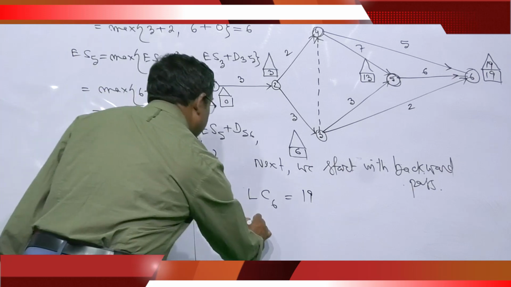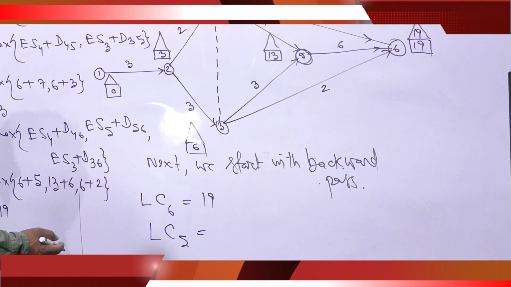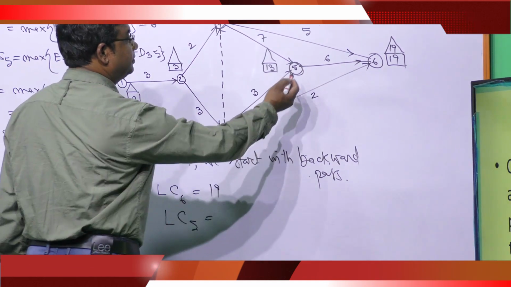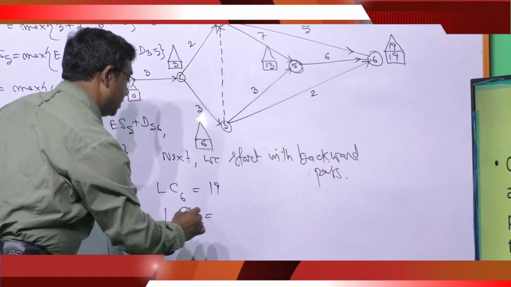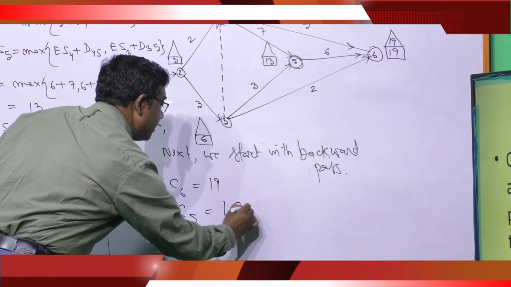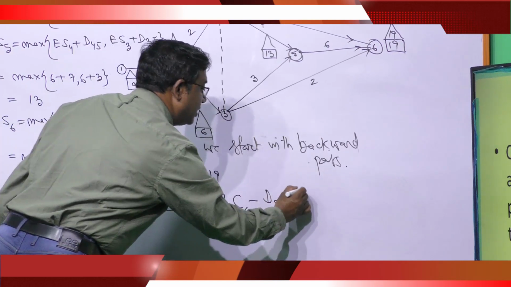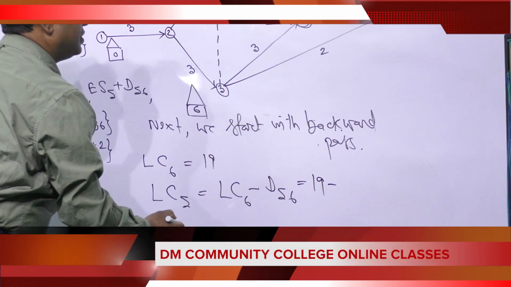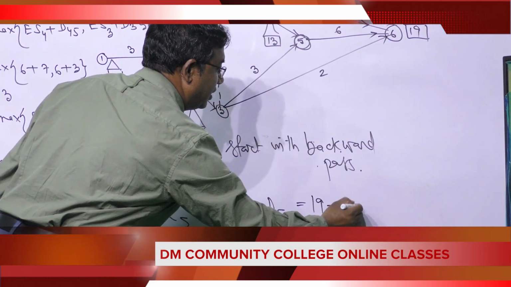Next, LC5, the latest completion time at node 5. So we have to come from node 6. LC6 minus D56. LC6 is 19, D56 is 6. It becomes 13.